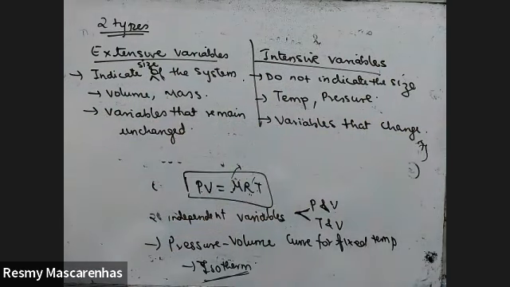Okay, so the two types of variables are extensive and intensive. Extensive variables are the ones which indicate the size of the system, like volume and mass, and they usually remain the same. Intensive variables are the ones which do not indicate the size.